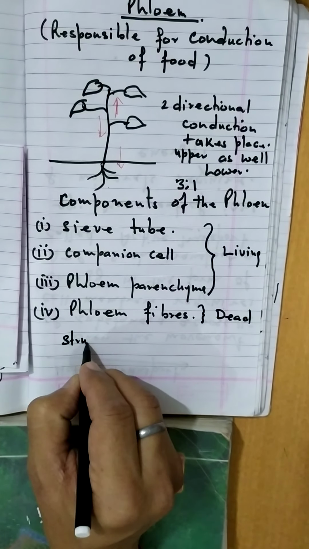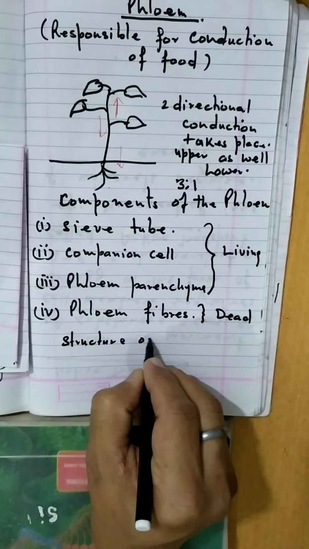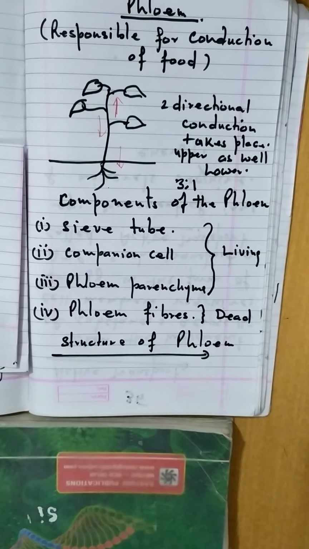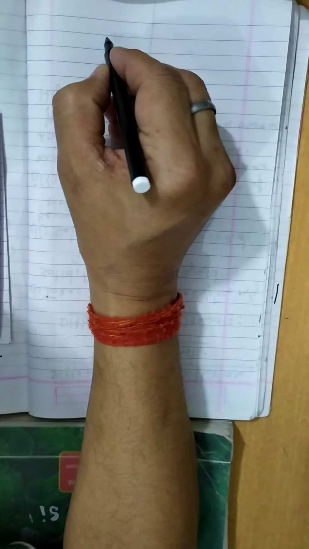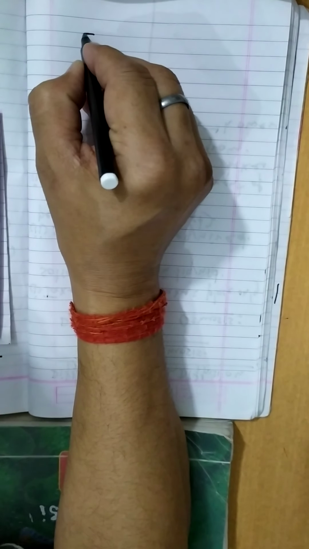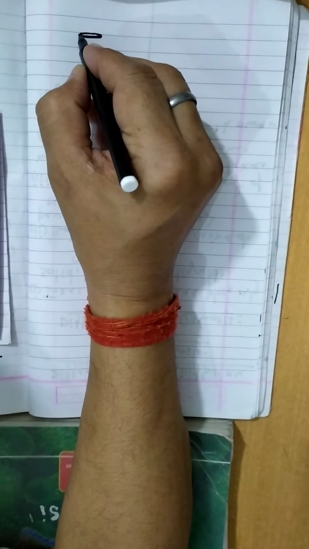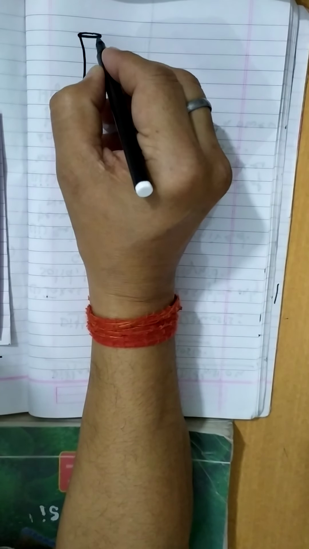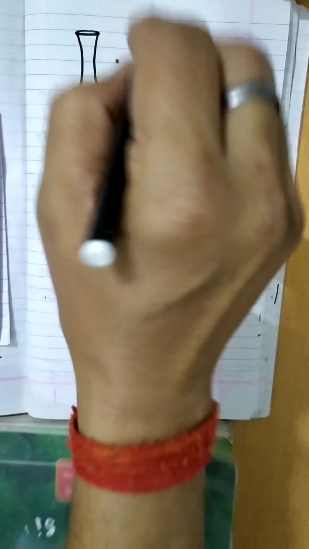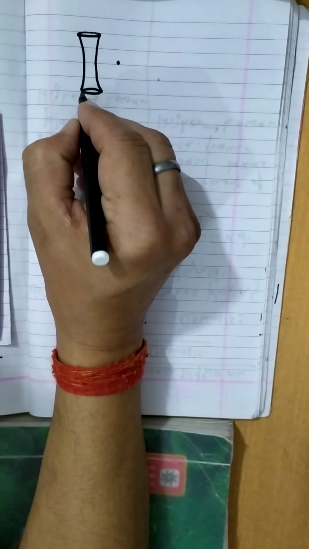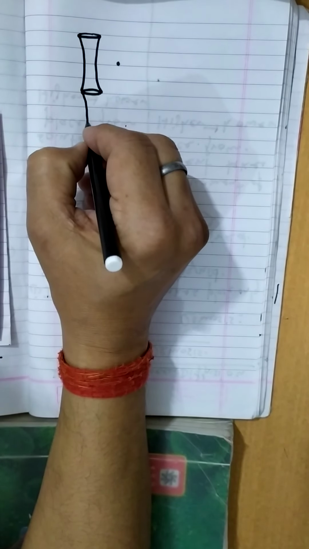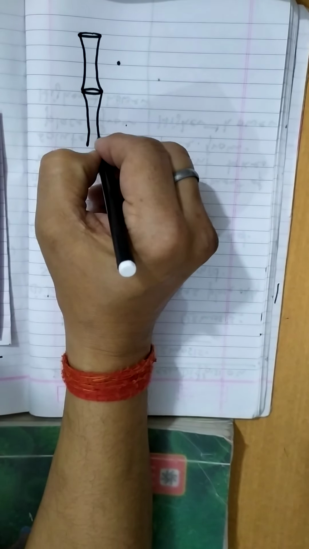Now structure of phloem. First we will draw the structure. So in case of phloem, such sieve tubes are arranged one above the other.